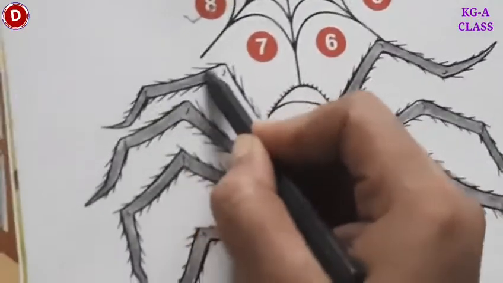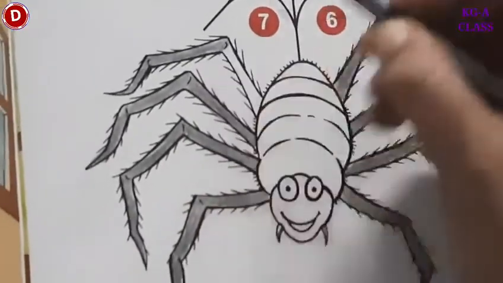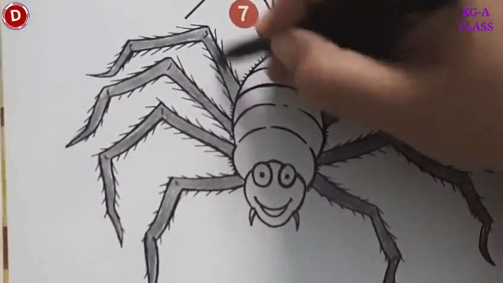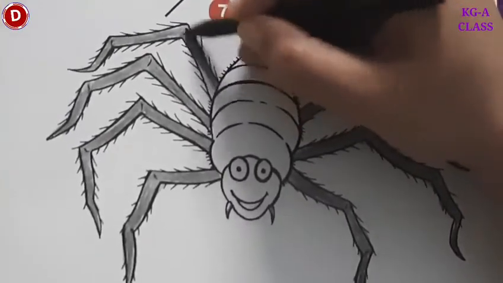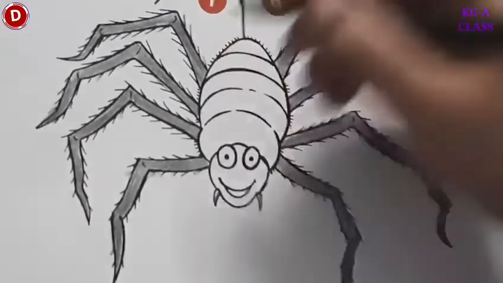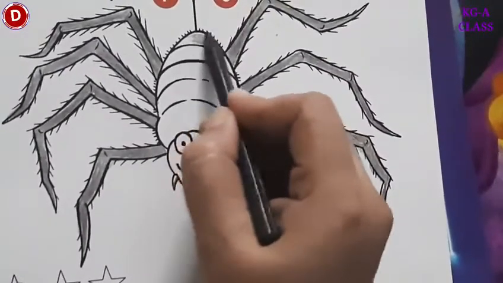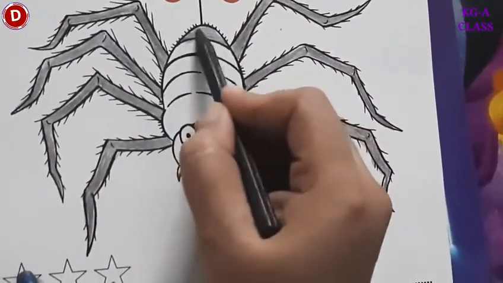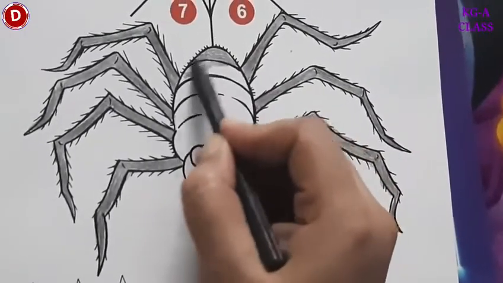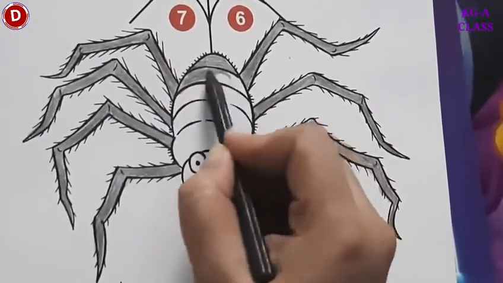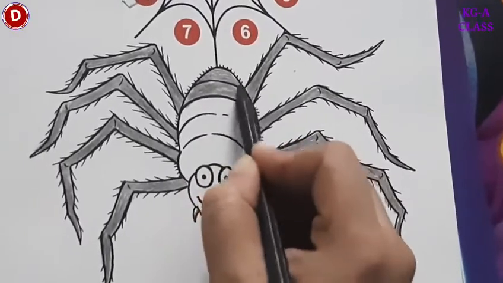In this way you have to color the legs. Now this part is done. Now the body of the spider. So start from here. In one direction, color in one direction.